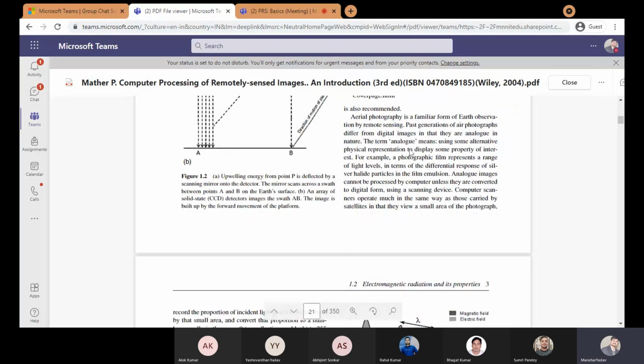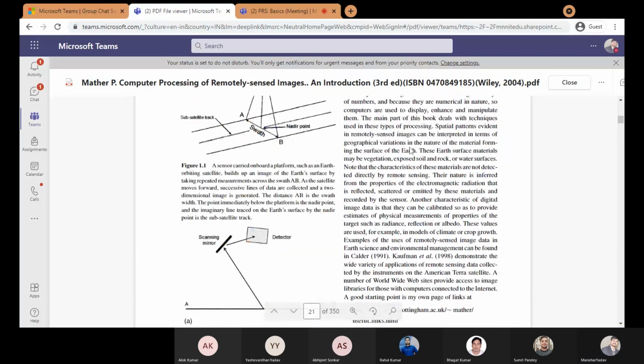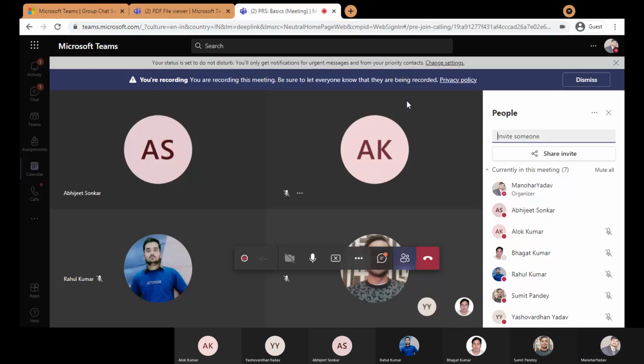Let me see whether it is plotted. So what I said before, the sensors which are part of the imaging system are designed in a discrete spectral band. Now let's say we select two spectral bands and we sense the same smallest area element.